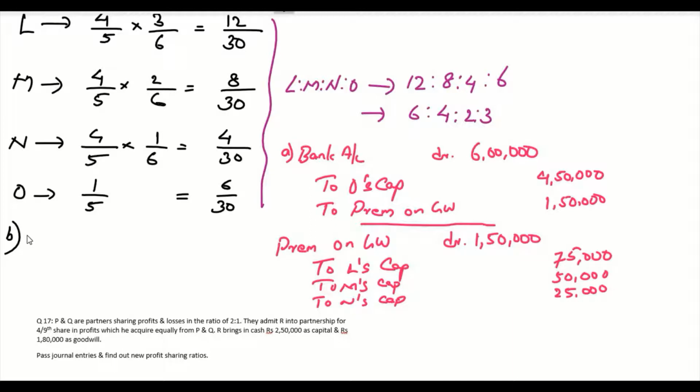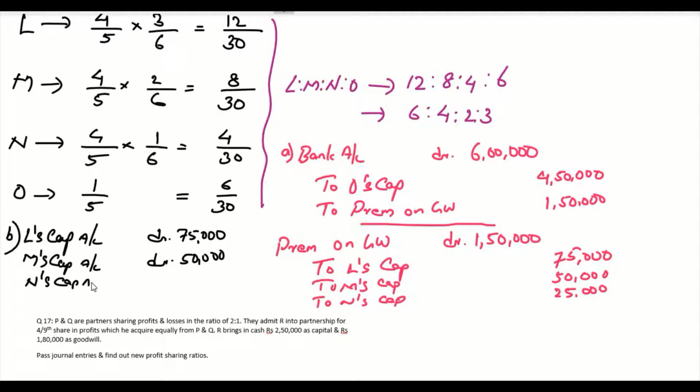So the answer to B is L's capital account debit 75,000, M's capital account debit 50,000 and N's capital account debit 25,000 to bank 1,50,000. So that's all about this question.